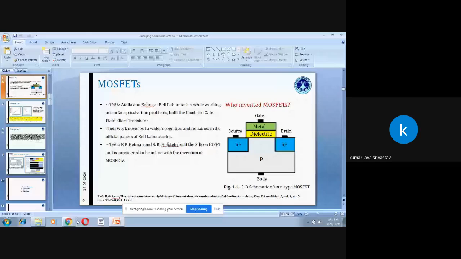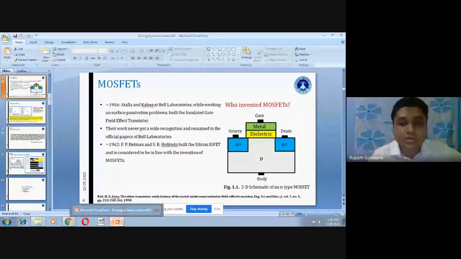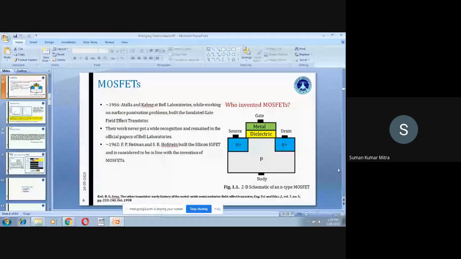Audio is not there. This is not audible. Is the audio clear now? Yes, it's clear. Rupam sir, just turn off your video, I think it will save the bandwidth.